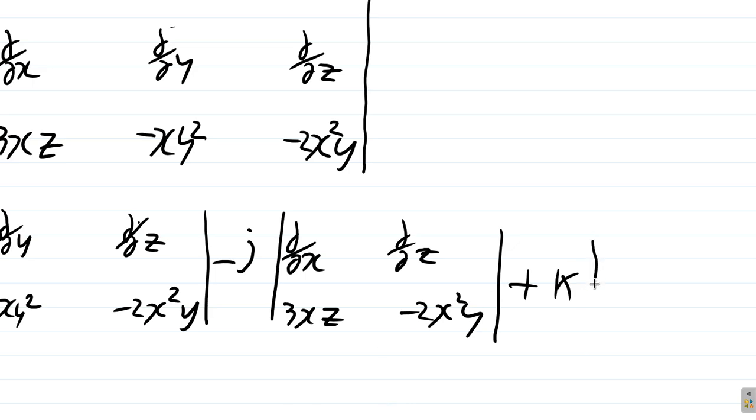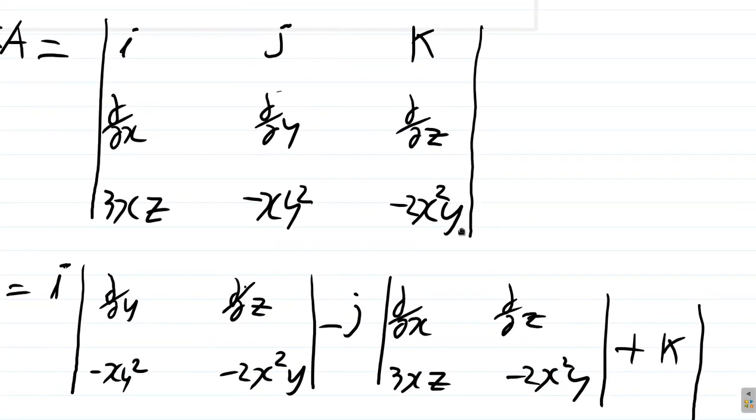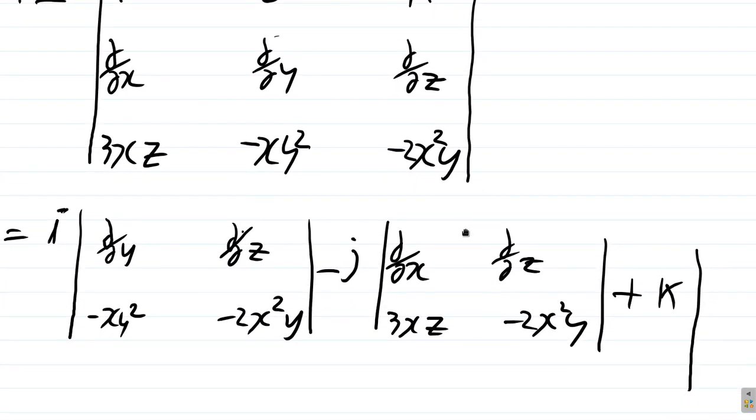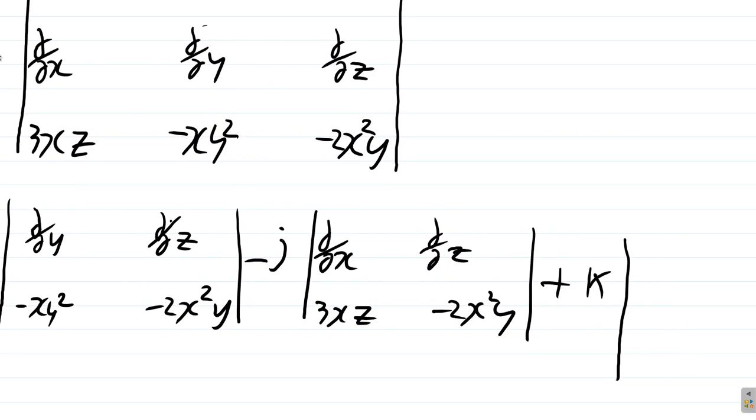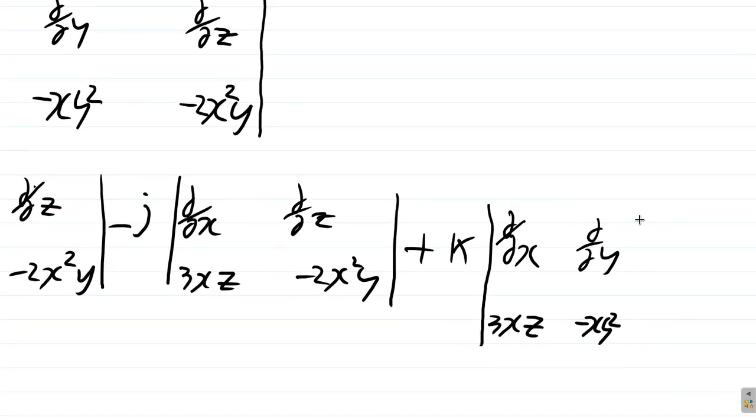When you cover the row and column with k, you see partial by partial x, partial by partial y, 3xz, negative xy squared. Alright, so there you have that.